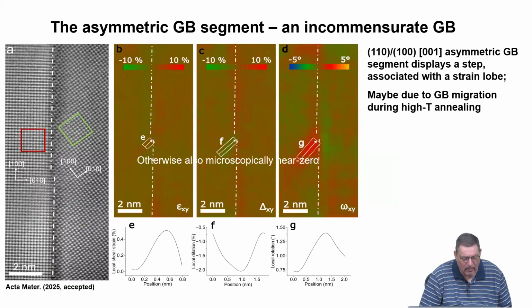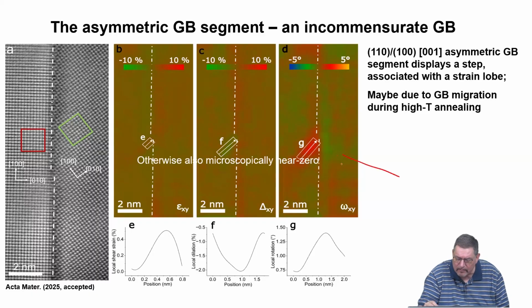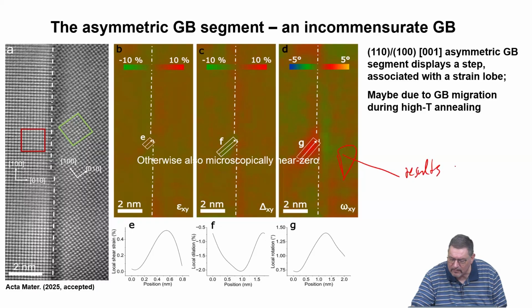And now we also come to what you asked earlier: when there is a step, a disconnection at the boundary, what happens? Then you have to worry about long-range stress fields. What you see here are the results of GPA, which stands for geometric phase analysis.